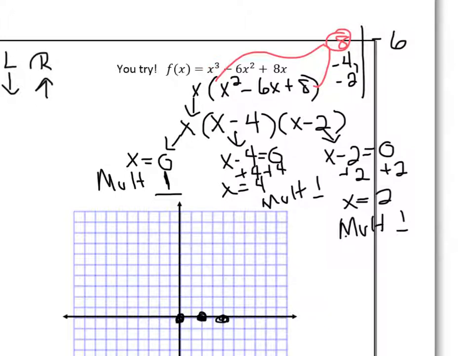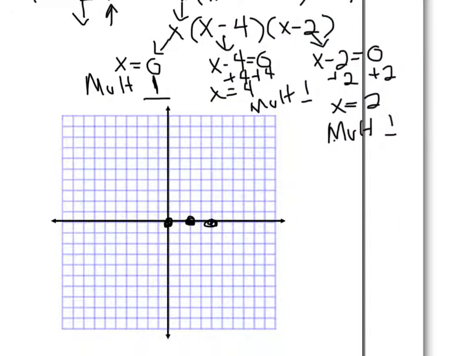That's odd, so we know the right and the left are going to do different things. Well, it's positive, so that means the right side goes up. Since it's opposite for the odd degree, the left side goes down. So I know the dot all the way to the left, the line has to go down from it. And the point all the way to the right, the line has to go up from it.